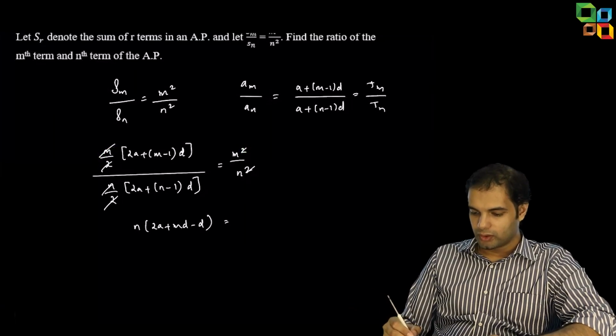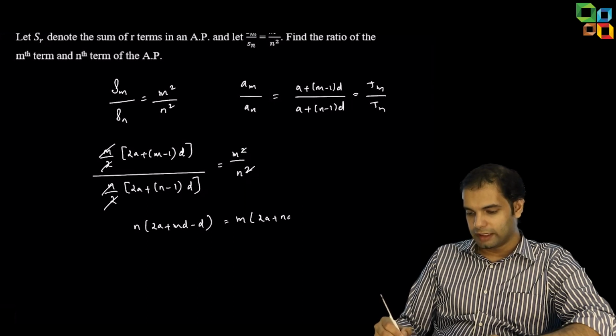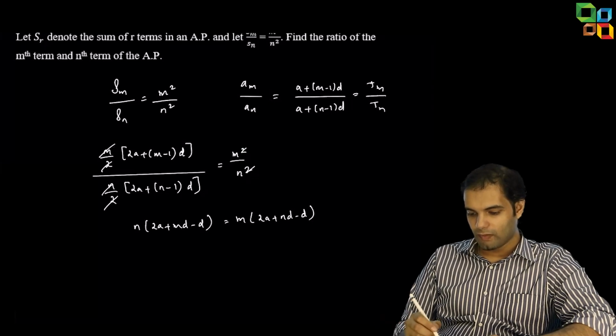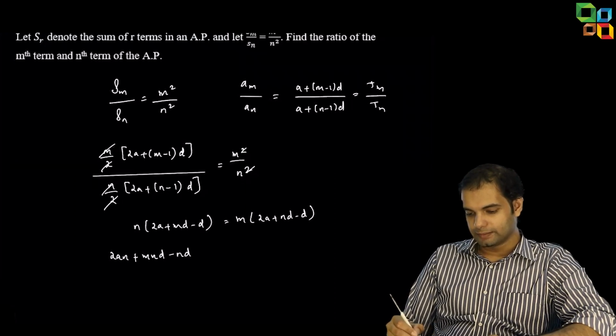Okay. So cross multiplying now. So n I have multiplied. So what remains? m remains here. m into 2a plus nd minus d. Multiplying inside: 2an plus mnd minus nd equals 2am plus mnd minus md.